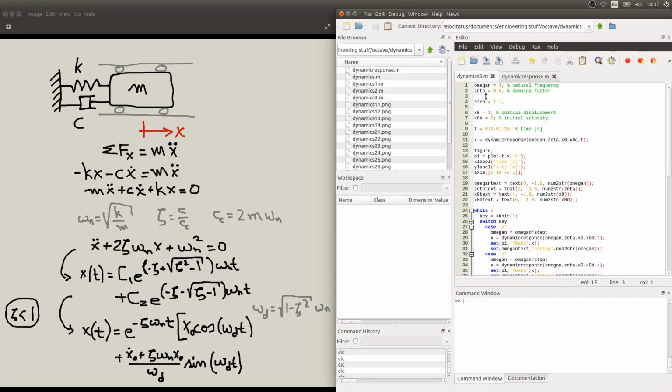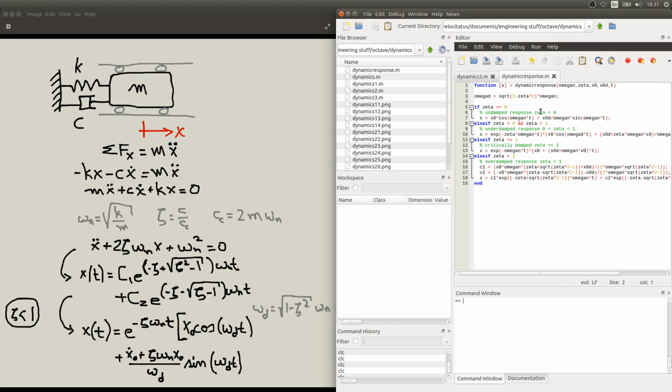And before we test our program, we need to go back here to our function to do one thing that I forgot. In these multiplications here, we need to remind ourselves that these two terms here are vectors, as our t holds all the values that we want for our time.